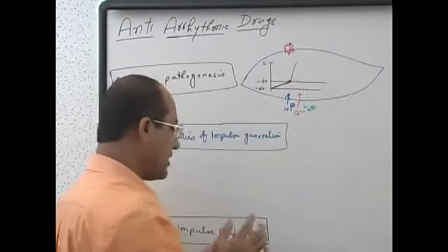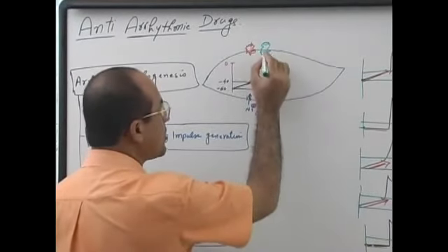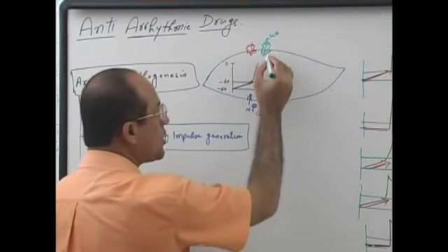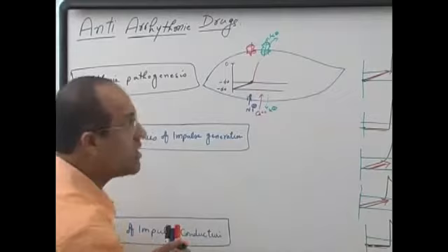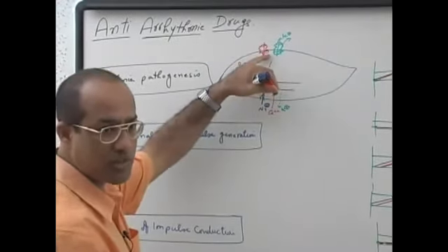When it gets depolarized, then voltage sensitive potassium channels open, and lot of potassium goes out.